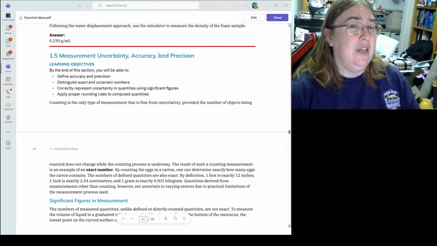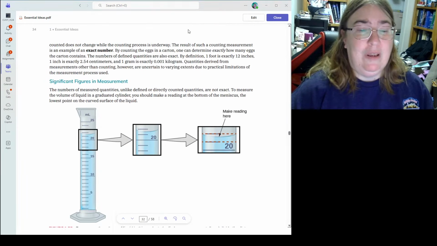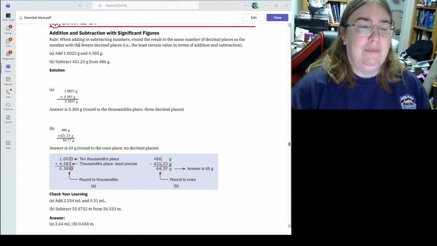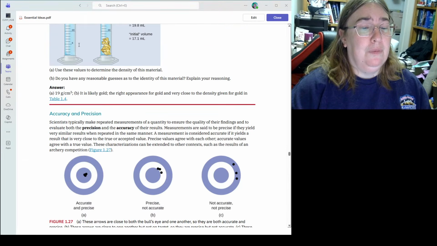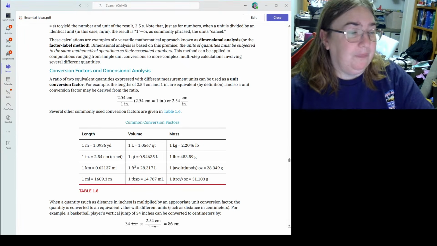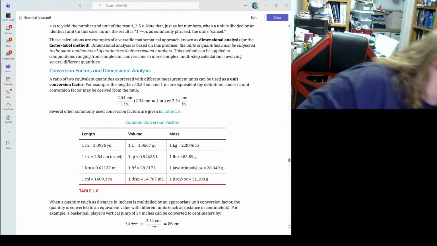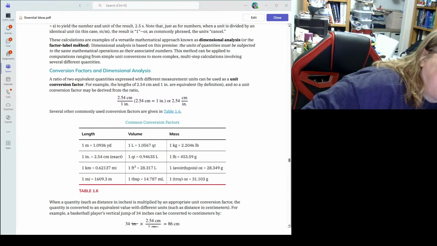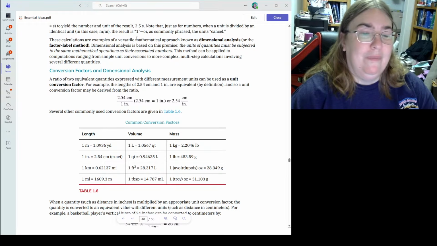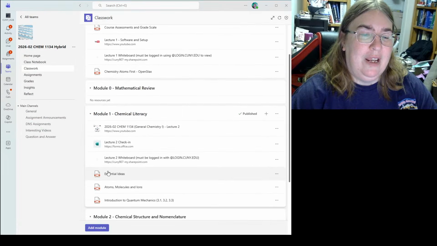So what's uncertainty, accuracy, and precision. That's what we will do next time. And then, part of that will be significant figures. And then we will be through with this chapter. So, we will probably finish chapter 1 on Monday and move on to the next chapter. So, that's where we're at, and that's the one that we're in, Essential Ideas.